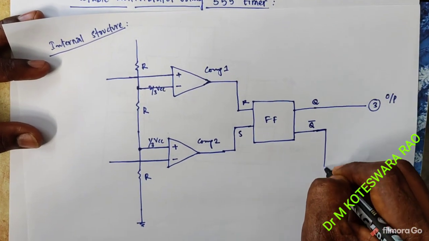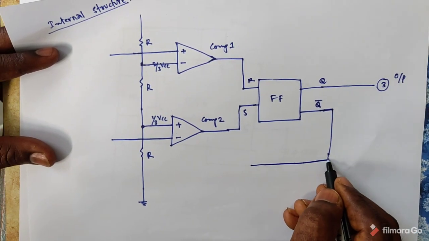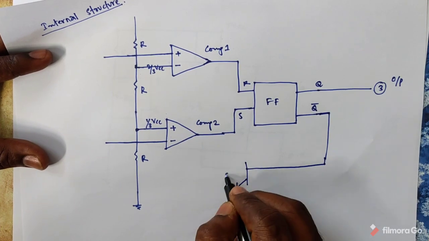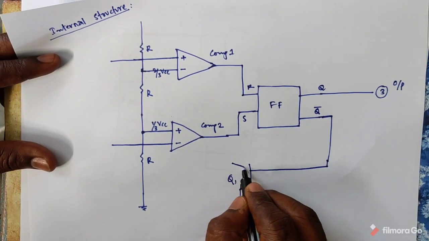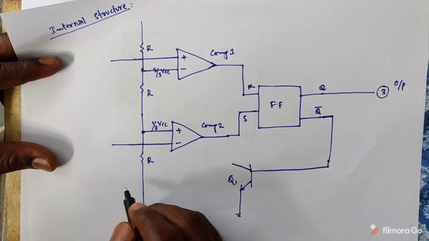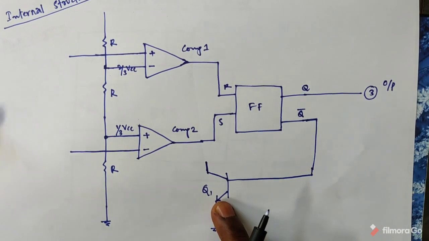that is connected to a transistor. First transistor Q1, then that is connected to the 7th pin. So this is the actual transistor 1.